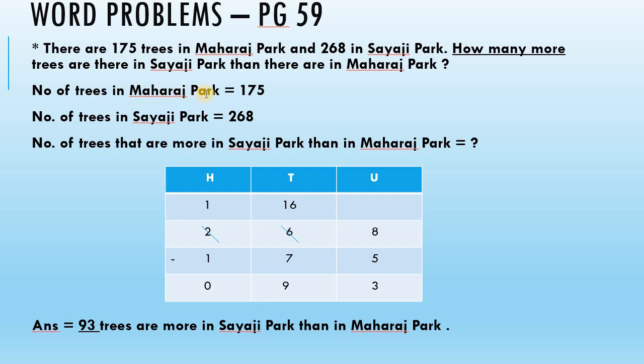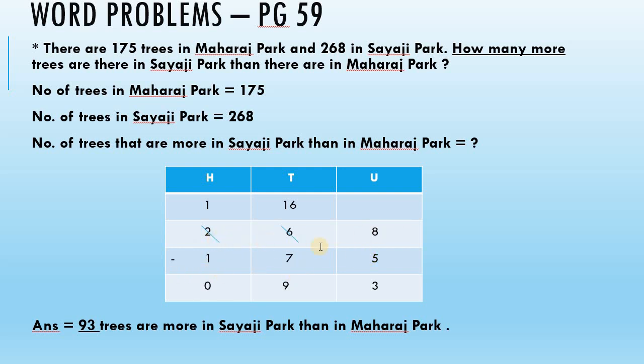Number of trees in Maharaj Park is equal to 175. Number of trees in Sayachi Park is equal to 268. Number of trees that are more in Sayachi Park than in Maharaj Park is equal to how much? Now boys, when you subtract, you have to always write the bigger number first and then the smaller number, okay?